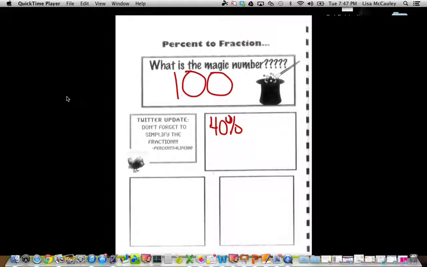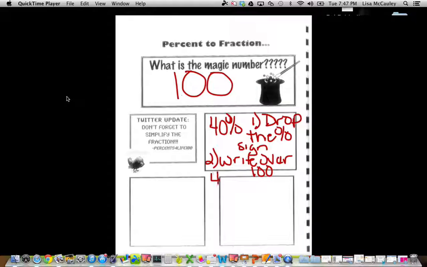All we do is, the first step is drop the percent sign. Drop the percent sign. So then it becomes 40, and we write it over 100. Right over 100.